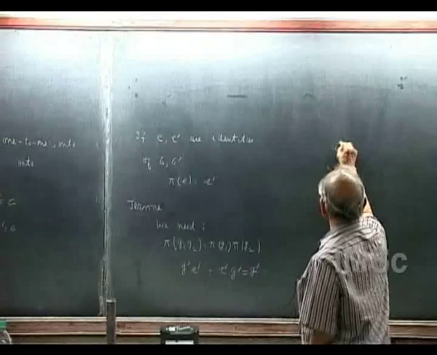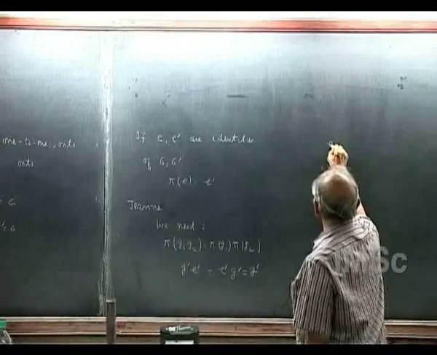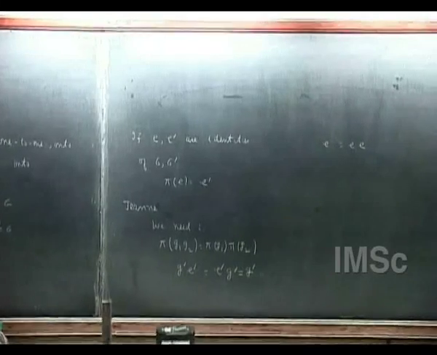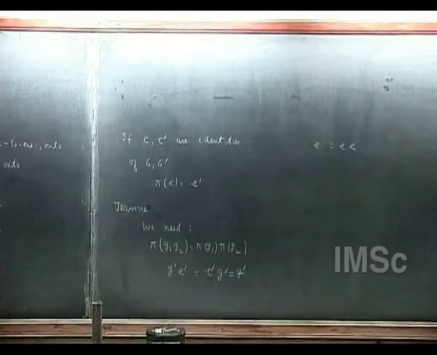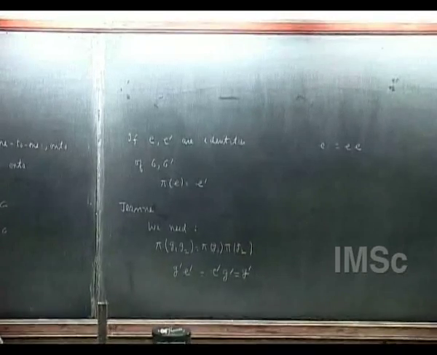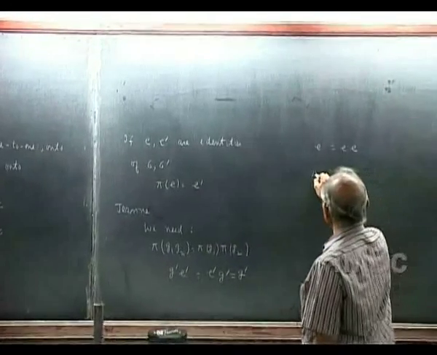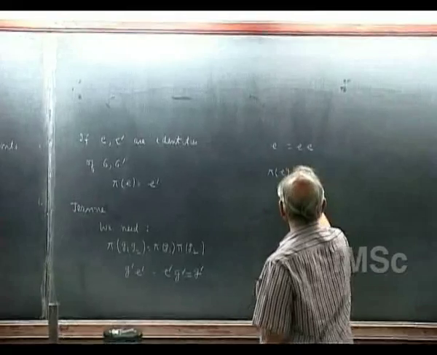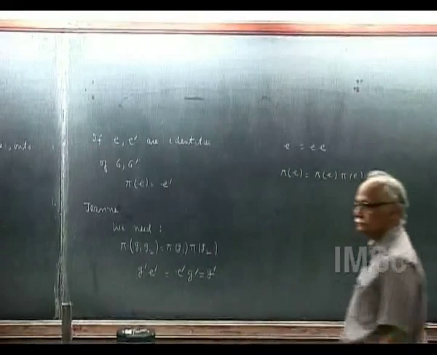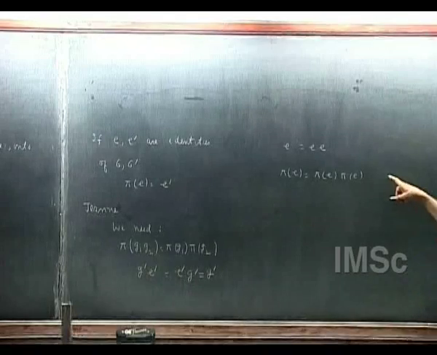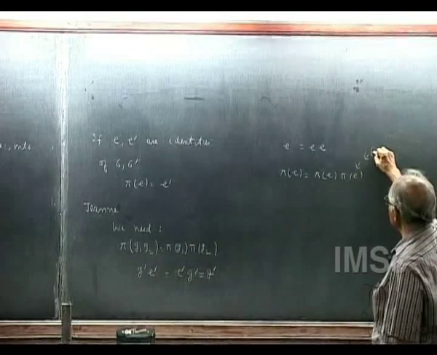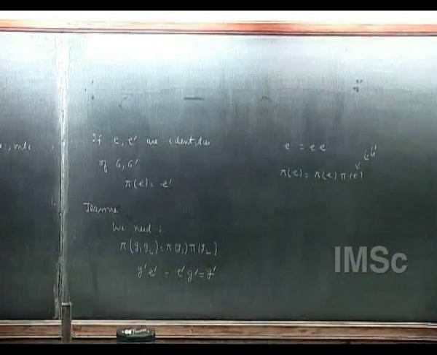We use the fact that E squared is E. So we know that E is E squared, because it is identity. Now let us apply pi on this. If I apply pi, you see that pi of E is pi of E squared, which is pi of E times pi of E. But this is in G prime, and it has an inverse.